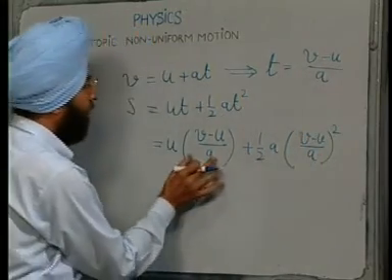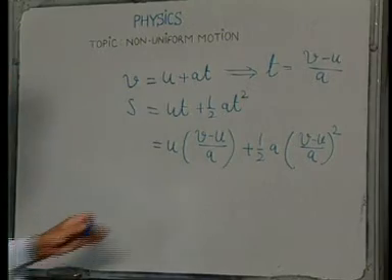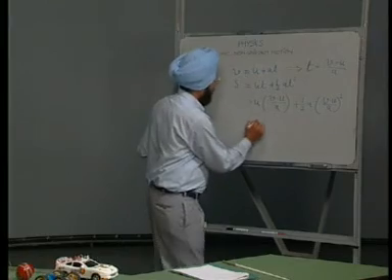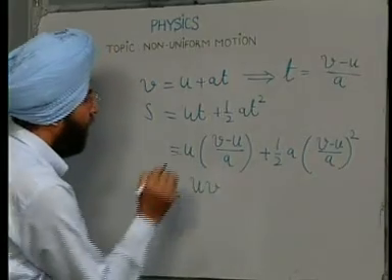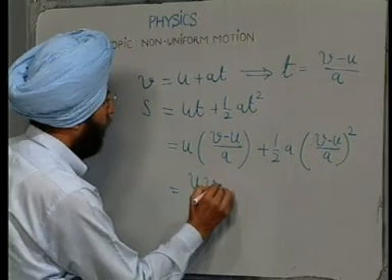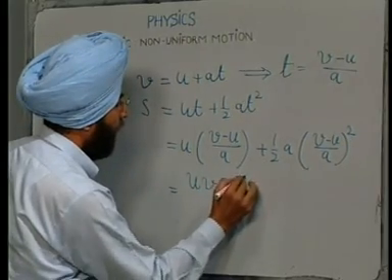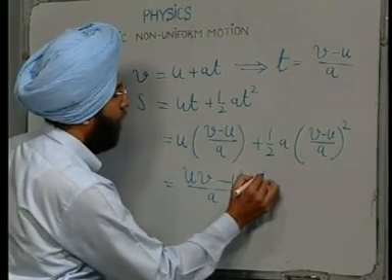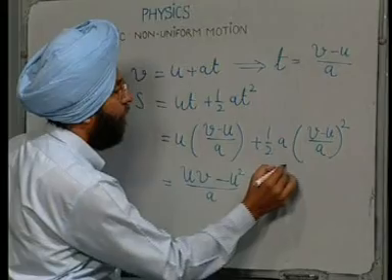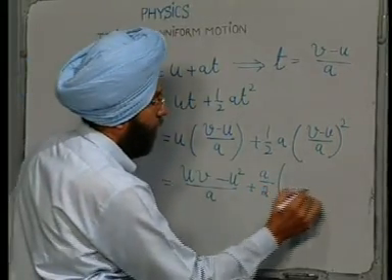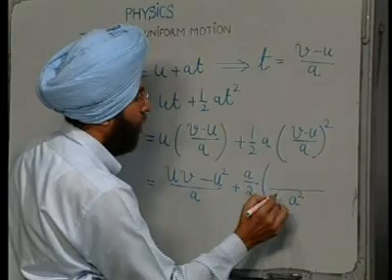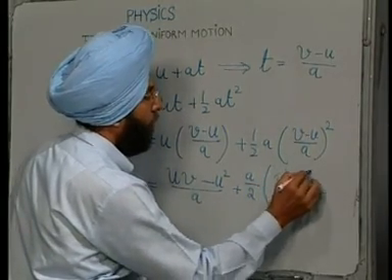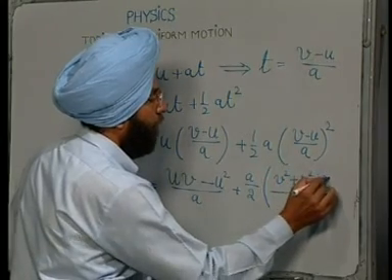This is the value of t in both the terms. Opening the bracket, we get u v minus u square over a plus a by 2 into a square, v square plus u square minus 2 u v.